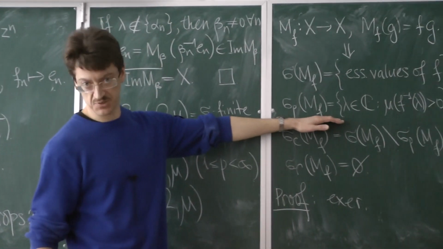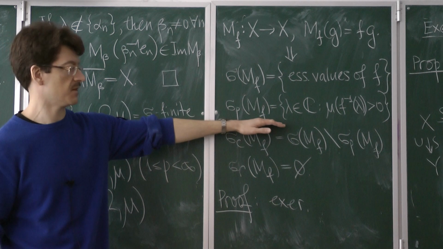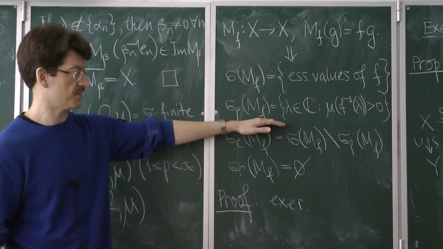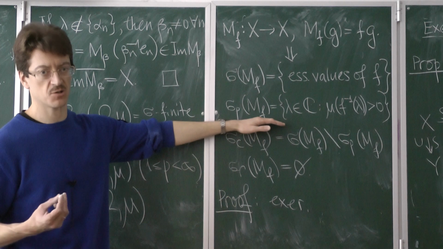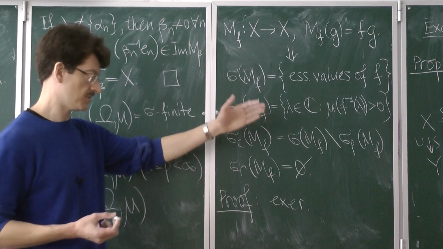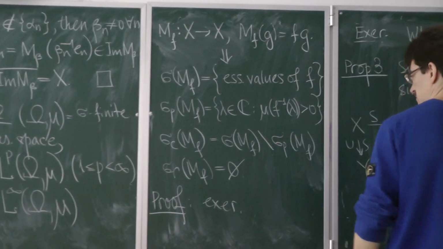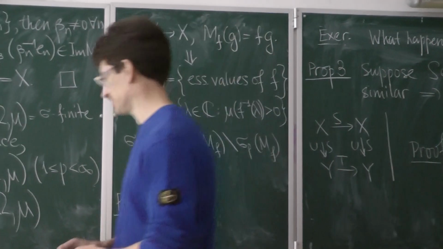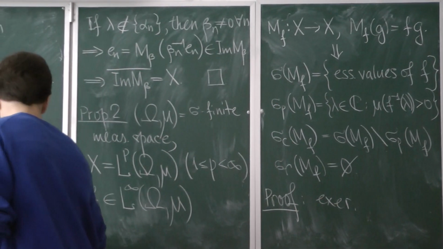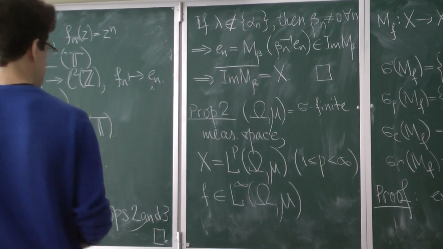The point spectrum is obviously empty, because F1 is the identity map of the circle onto itself, and the preimage of each point is a point, and the measure of a point is 0. So this is empty, and hence the continuous spectrum is the spectrum. So the spectrum is purely continuous. Okay, so this is the spectrum of the bilateral shift.